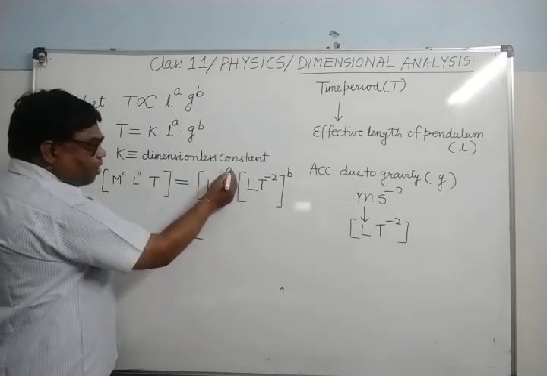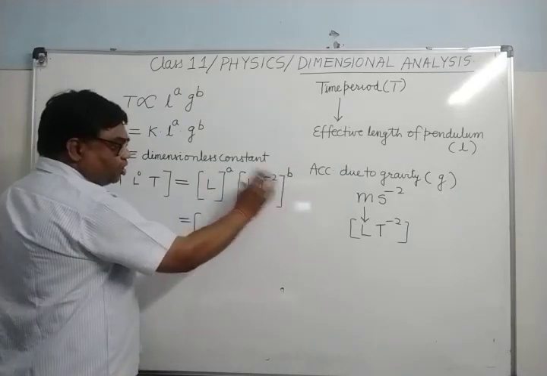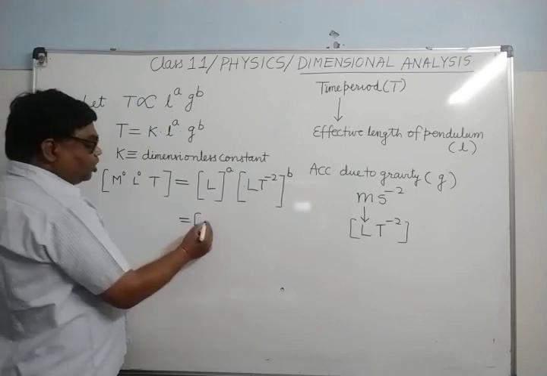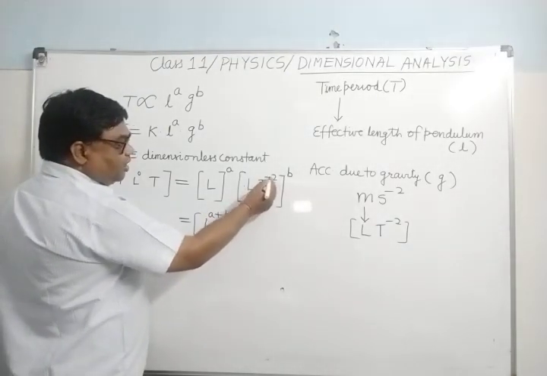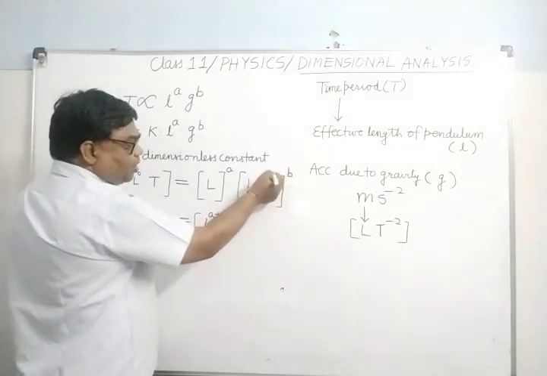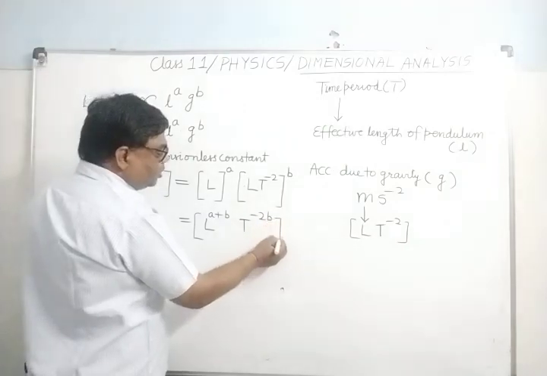Here we have L to the power A, and from here L to the power B. The whole thing is in multiplication, so it will be L to the power A plus B. And here, T to the power minus 2 and then power B, so the powers multiply: minus 2B.